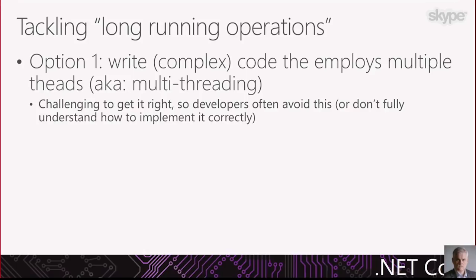And then you also have to deal with conflicts whenever you have 2 threads that want to access the same memory region to get at the same data, which is typically known as a contention. So creating a multi-threaded application isn't impossible, it's just challenging. And because it's challenging, many developers just avoided it if at all possible. And furthermore, building a multi-threaded application primarily solves one of the scenarios that we talked about.